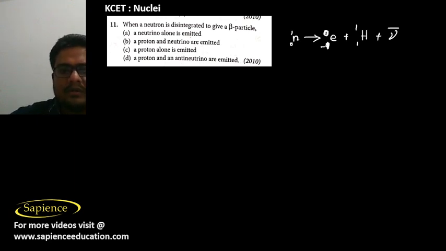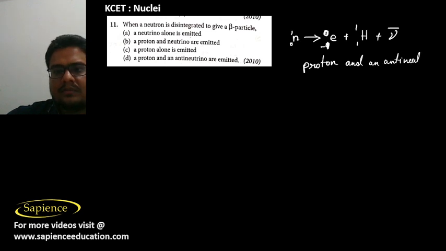So it will emit a proton and an anti-neutrino. So option D is the correct answer.